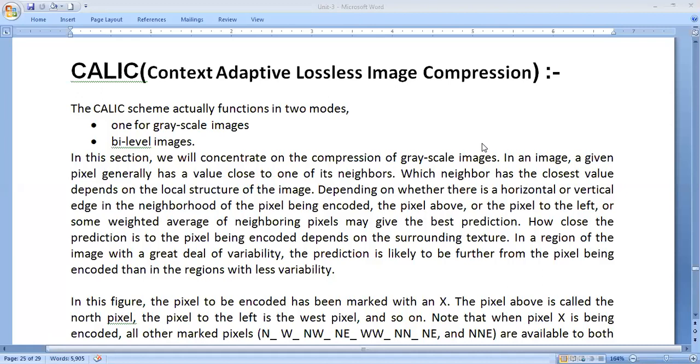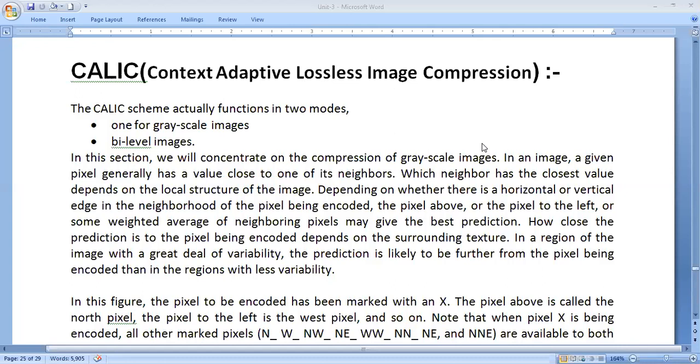The pixel above, or the pixel to the left, or some weighted average of neighbor pixels may give the best prediction. How close the prediction is to the pixel being encoded depends on the surrounding texture. In a region of the image with a great deal of variability, the prediction is likely to be further from the pixel being encoded than in a region with less variability.